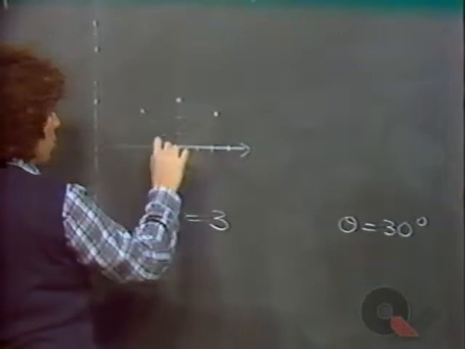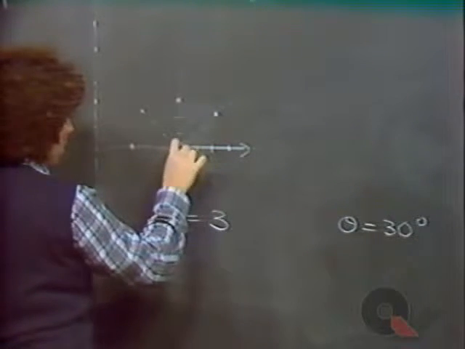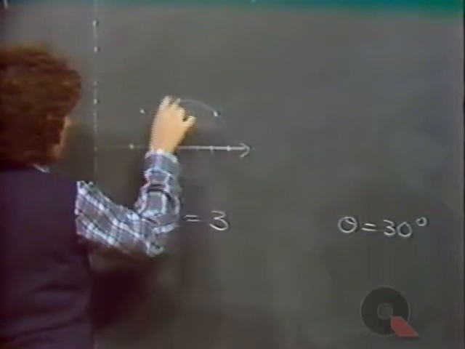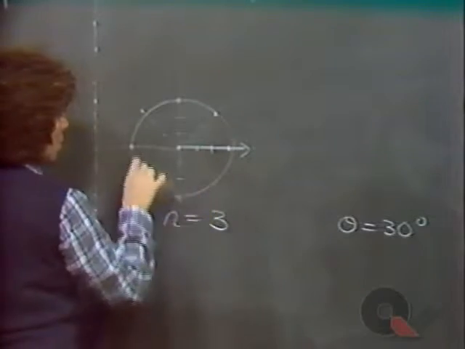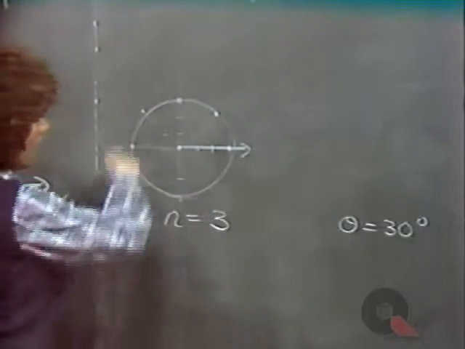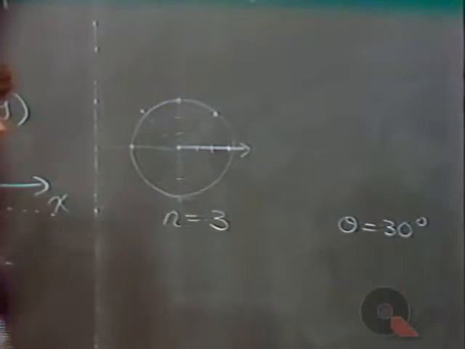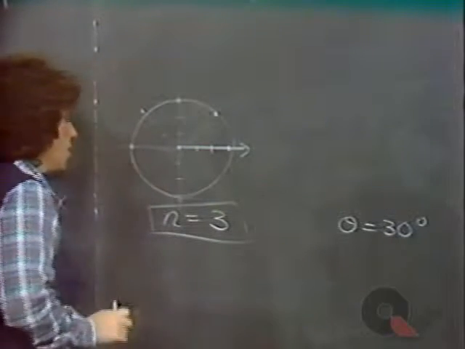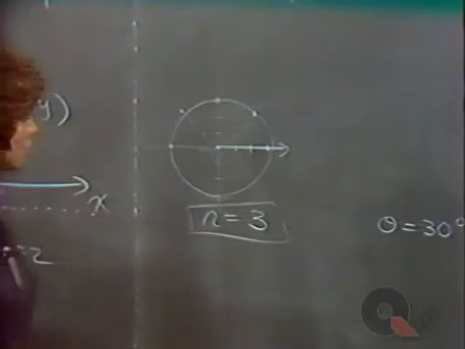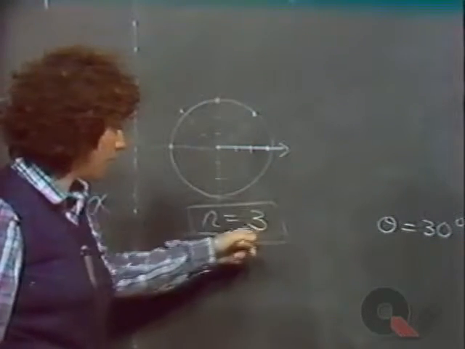It's 180 degrees, and you walk out 1, 2, 3 units, and so on. 270 degrees, 3 units. These points all fall on the circumference of a circle that has center at the origin, or at the pole, and radius 3. So the most basic curve that we could have in the polar coordinate system, r equal to some constant, represents a circle centered at the pole with radius equal to the absolute value of what's over here.